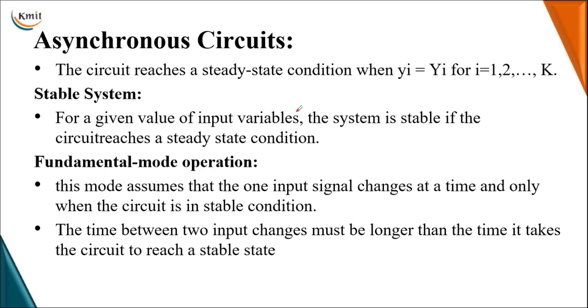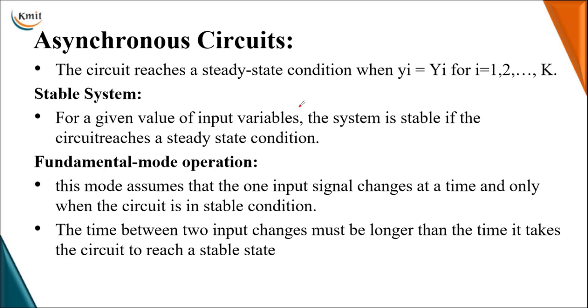We obtain a stable state for a given value of input variables. The system is stable if the circuit can reach a steady state condition, and only then can we say that the asynchronous sequential circuit output is at a stable state.